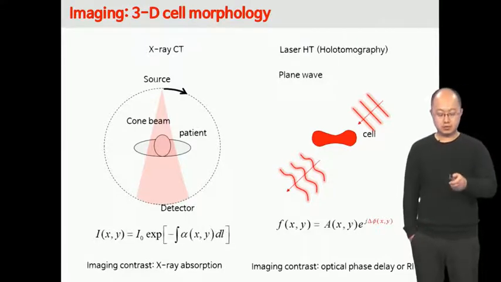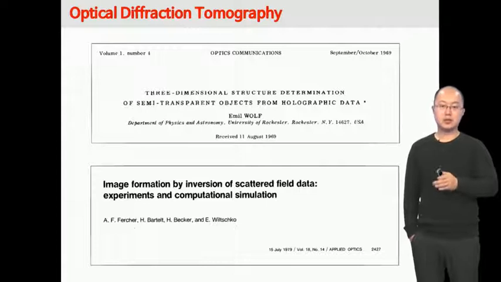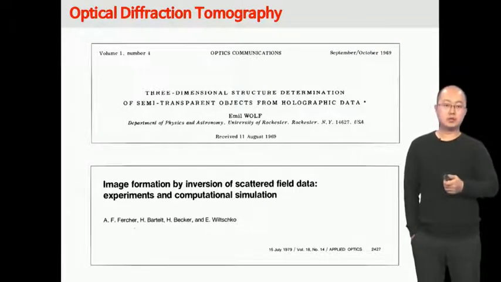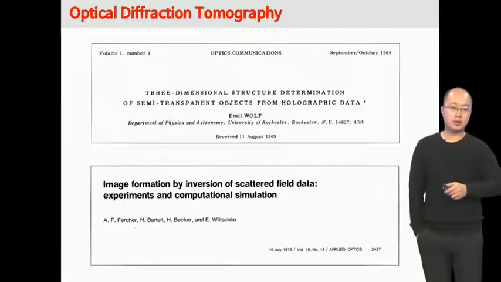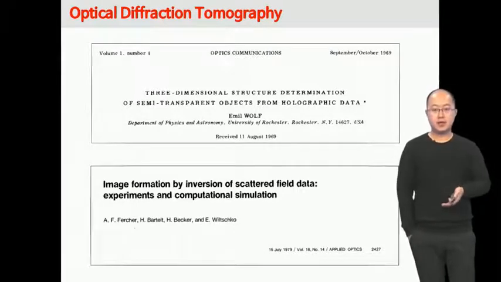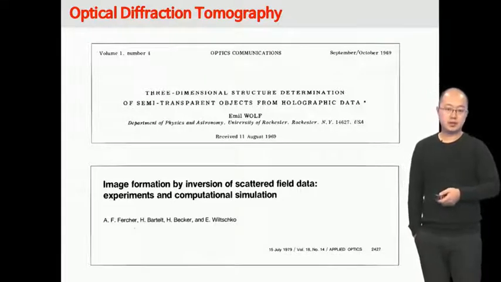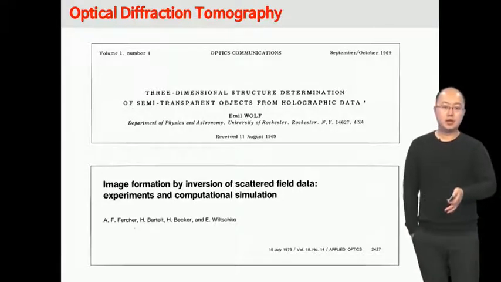In fact, this is an inverse problem. It is not easy to solve directly, but using some appropriate assumptions, it is possible to retrieve the three-dimensional distribution of the refractive index. The first theoretical work was done by Emil Wolf in 1969, and the first experimental demonstration was shown in 1979.